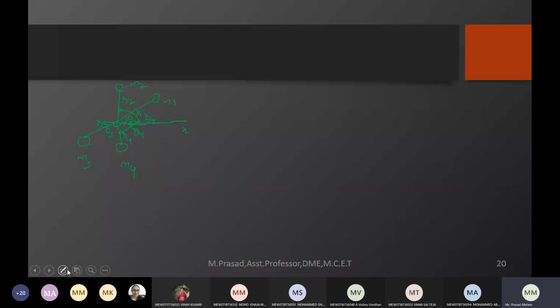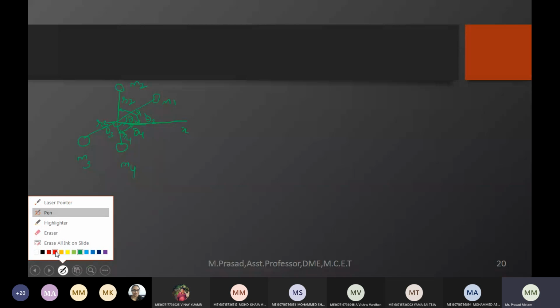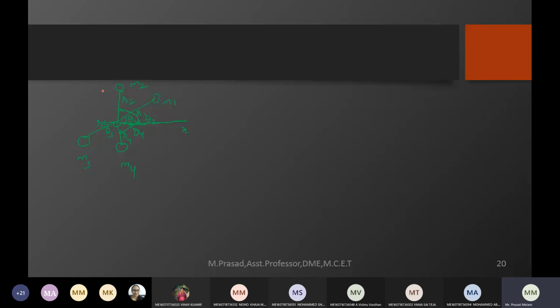Now my aim is to keep the balancing mass. Let me show the balancing mass with a different color. I'm taking red. Somewhere else I'm keeping this balancing mass M, which is located at radius R. This makes an angle theta. So I have the disturbance mass M1 located at radius R1, making an angle of theta 1.